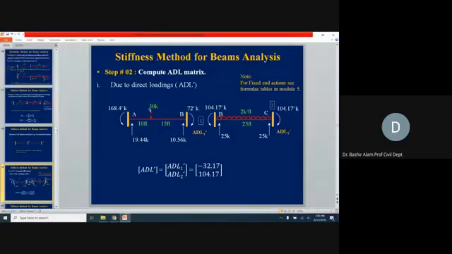So 30 multiplied by 10 multiplied by 15 square divided by 25 square should give you 168.4 kip feet. For the right-hand side moment of this AB span, it will be equal to PA square B divided by L square. So 30 times 10 square times 15 divided by 25 square. This way we are going to get this 72 kip feet.